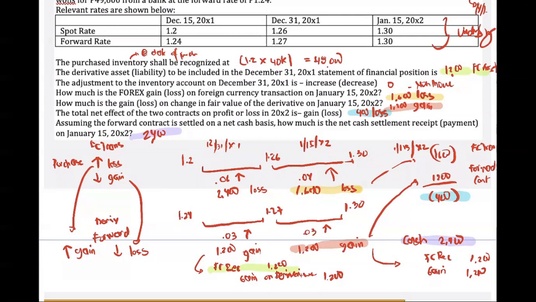Please remember, if there's a gain on a transaction, that is a loss on the derivative. If there is a loss on the transaction, that is a gain on the derivative. Okay? Once you master how we do these items, it is easier for you to answer problems concerning forwards and futures.